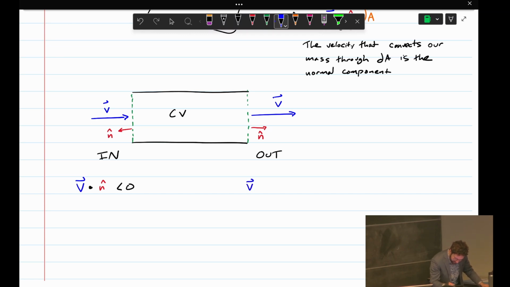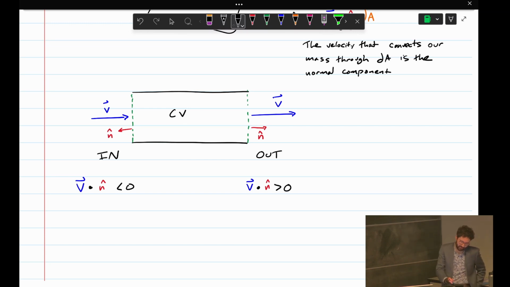What about on our right-hand side, where flow is leaving our CV? What is v dot n there? Positive. Okay, it's positive. So this is kind of an interesting problem. It's a problem because we would like it if our CV is accumulating something. That means the inflow is greater than the outflow, so accumulation should be a positive time rate of change.